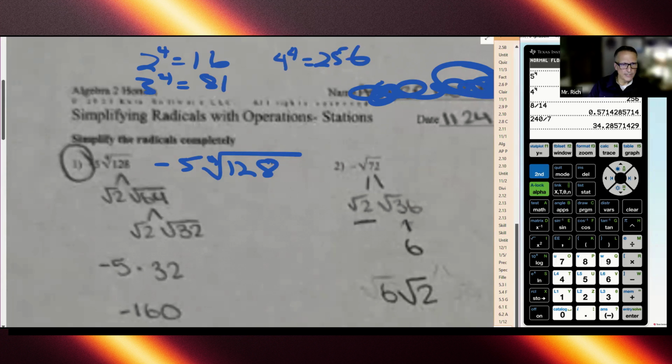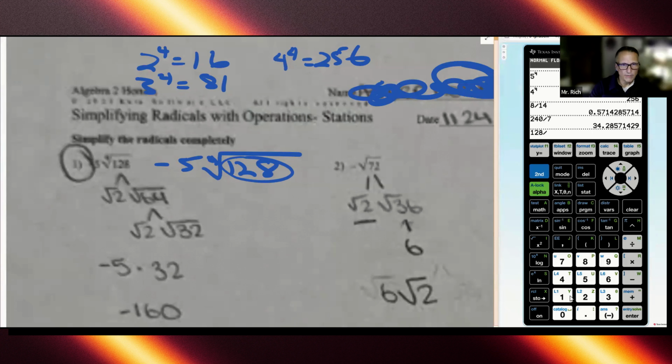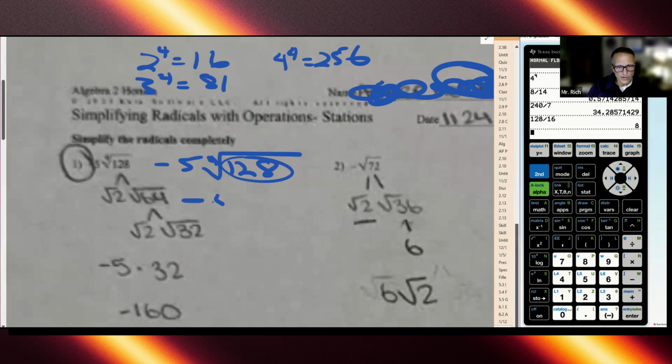So to simplify this, I am definitely looking to see if this 128 is evenly divisible by one of those perfect 4th powers. I'm going to use my calculator here and assume that 128 would be divisible by the number 16, and it is. It gives me 16 times 8. So I would rewrite it like this.